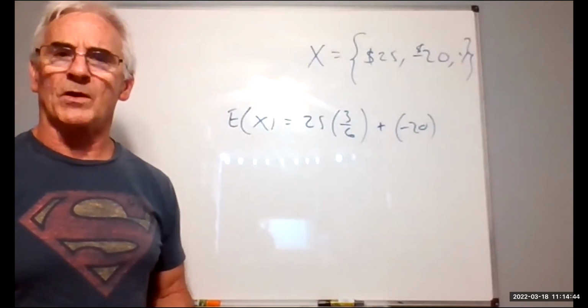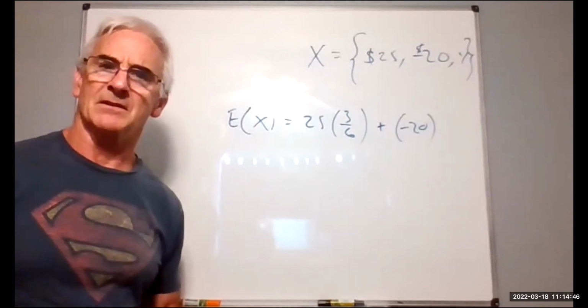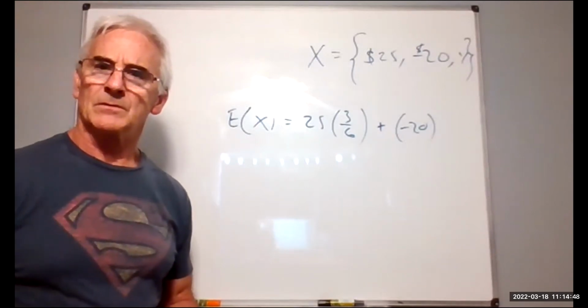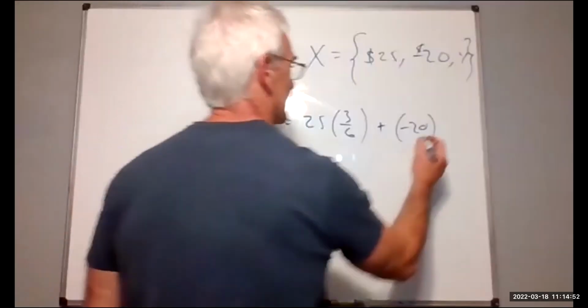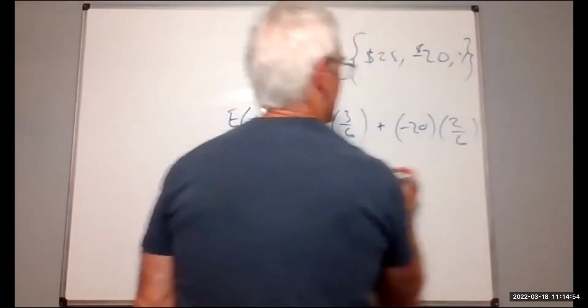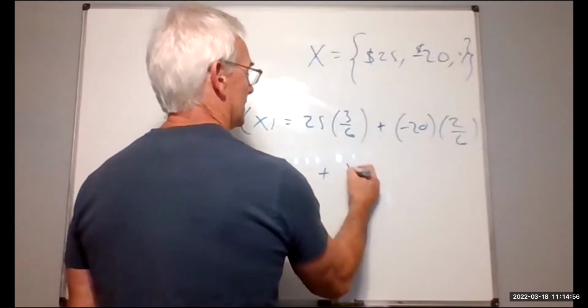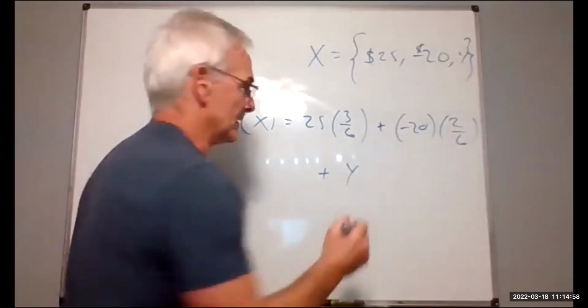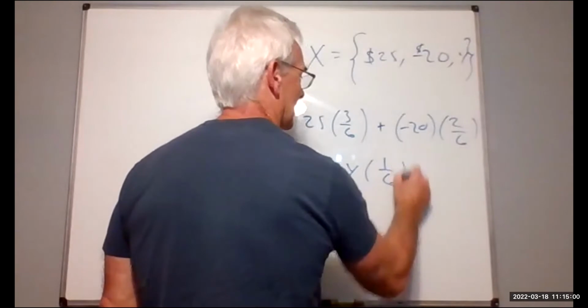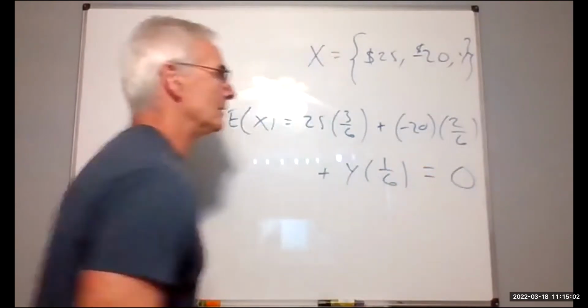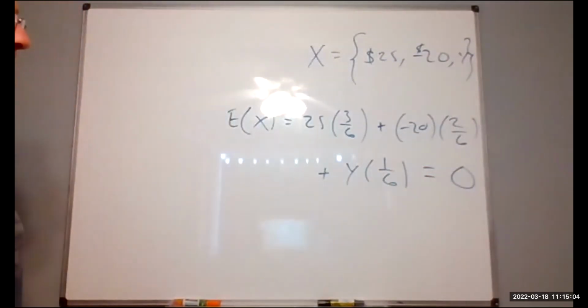If I roll a 4 or a 5, how many rolls is that? 2 of 6, so 2/6 would be that probability. And then finally, Y, whatever that is, times 1/6. And I need this to equal 0.